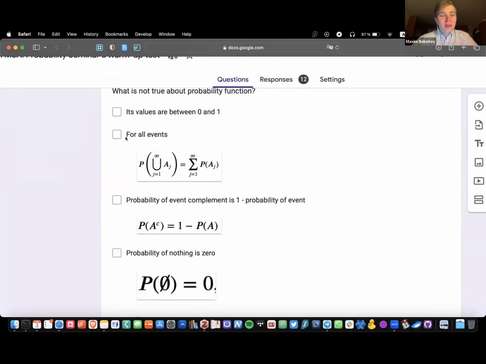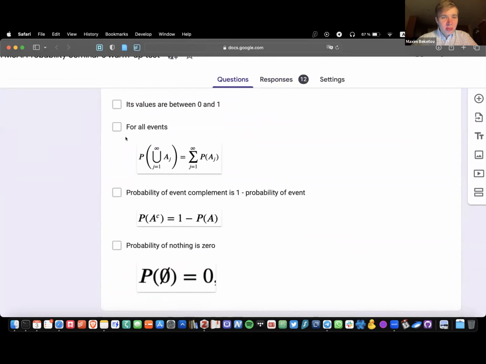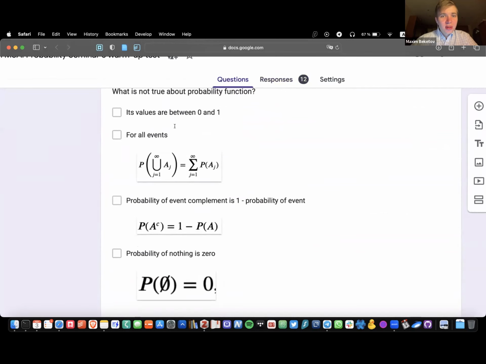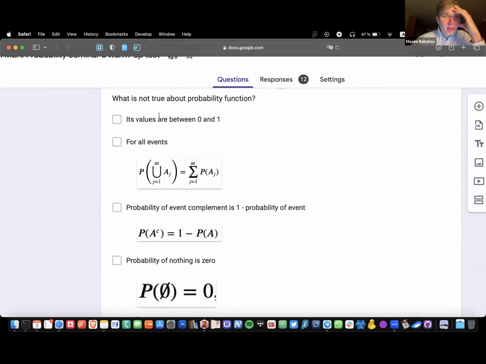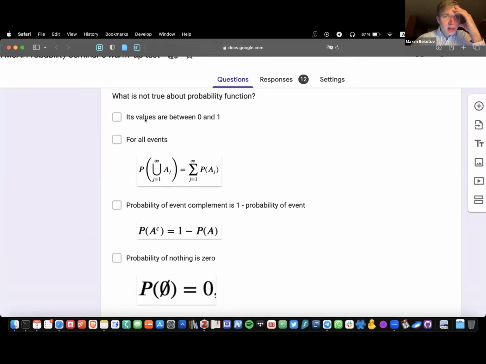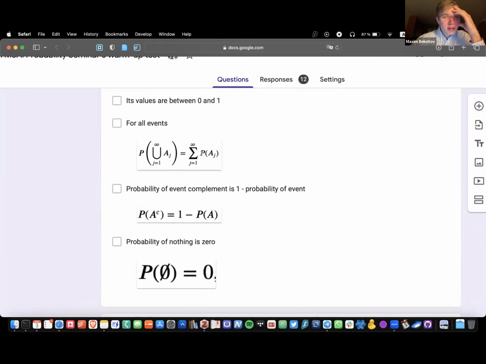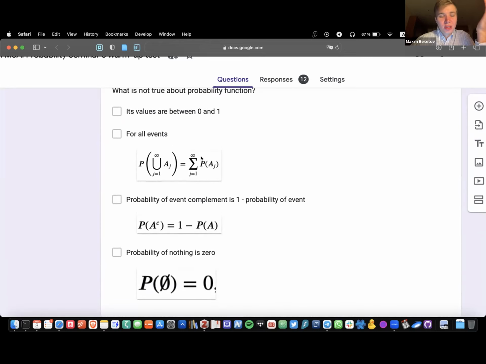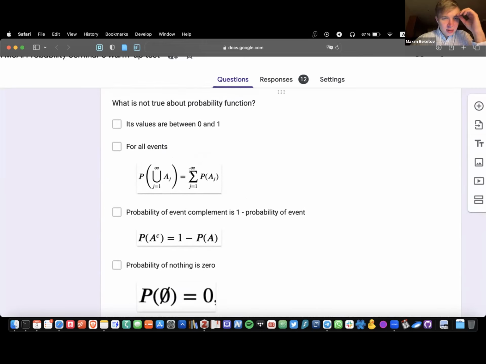What is true about probability function? Let me just name things that are true, because it will be difficult to see how many of you got what right. So its values are between 0 and 1. That is true, of course. For all events, we have this. This is not true because we have inclusion-exclusion formula.